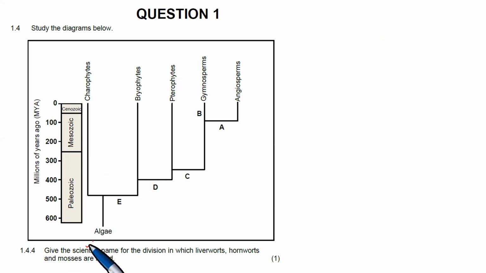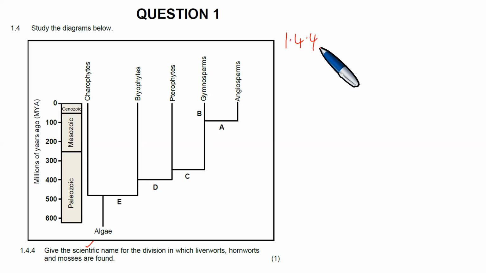What are we looking for here? We're looking for the scientific name. 1.4.4. What is the scientific name for the division in which the liverworts, hornworts, and mosses are found?